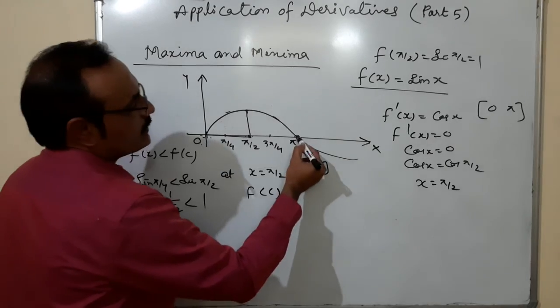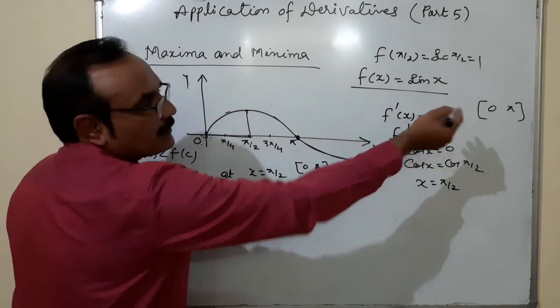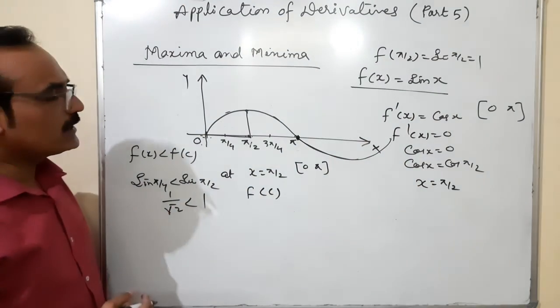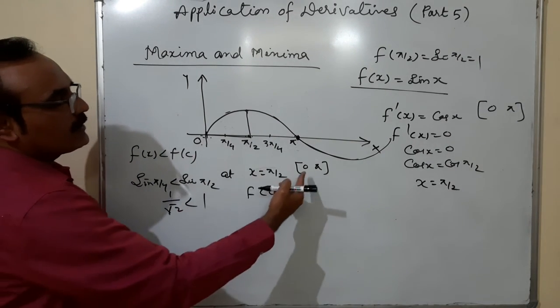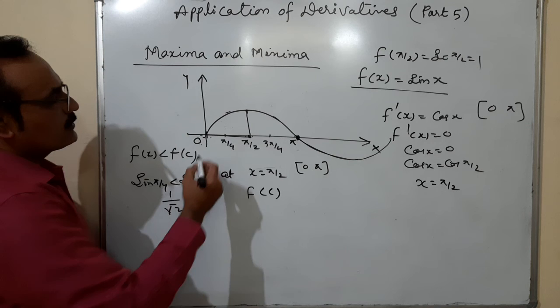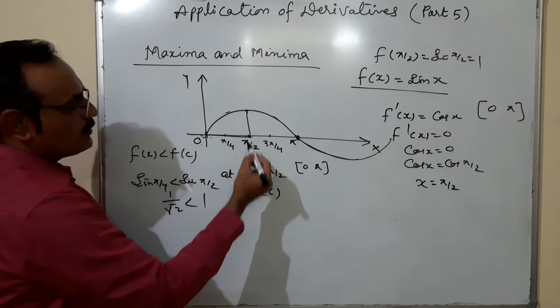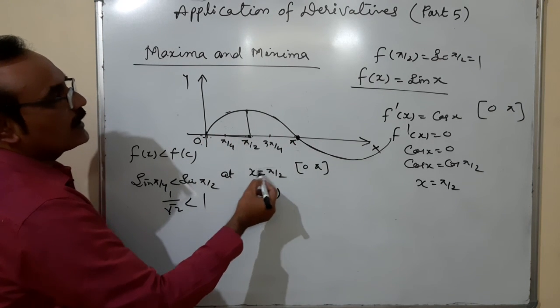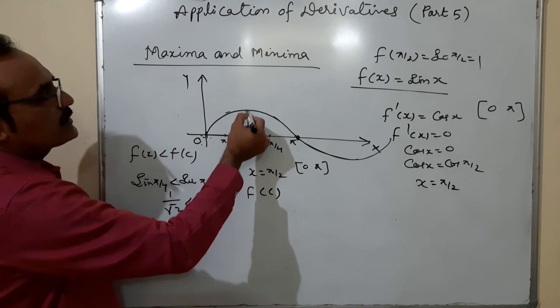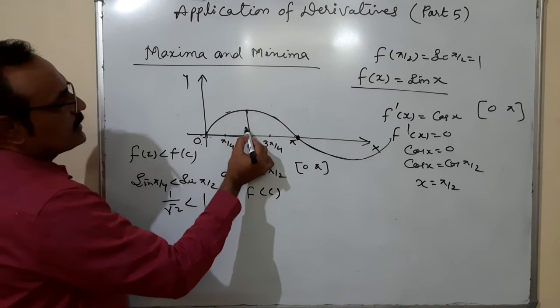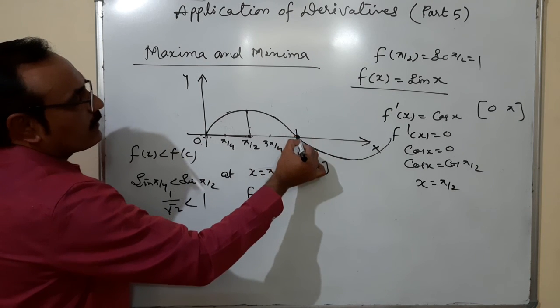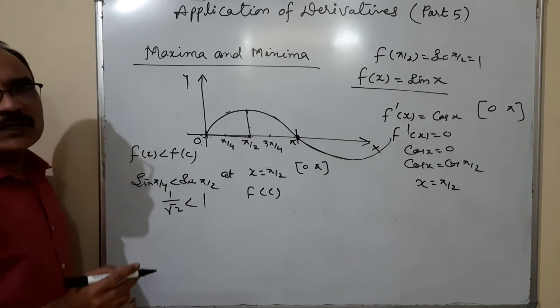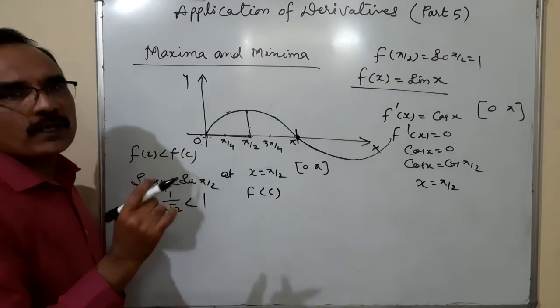Then pi to 2 pi, 2 pi to 3 pi, many intervals are there. But here we are talking about a definite interval between 0 to pi. So at x is equal to pi by 2, f of x is equal to 1. This is the maximum value in a local function.